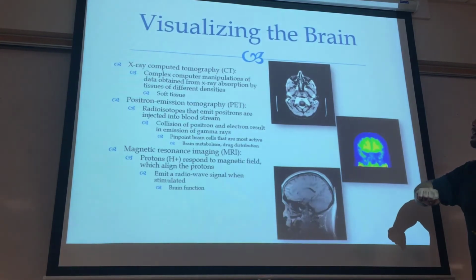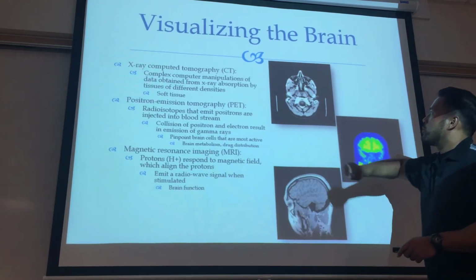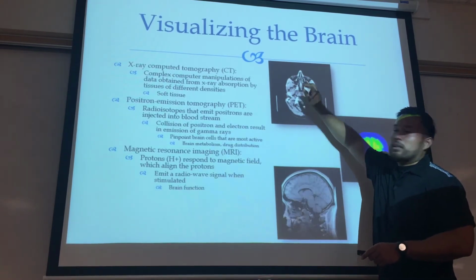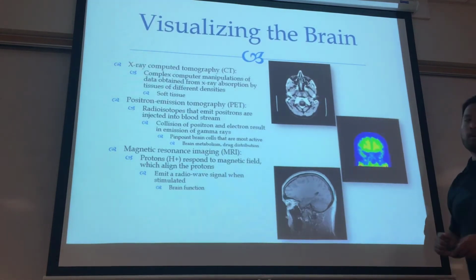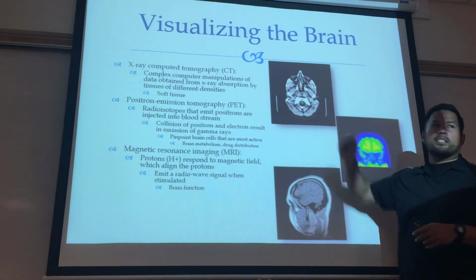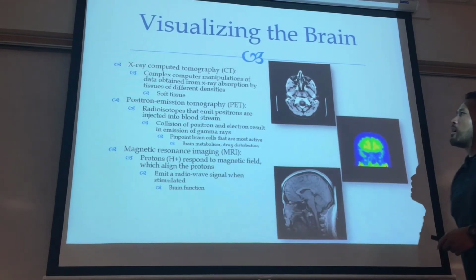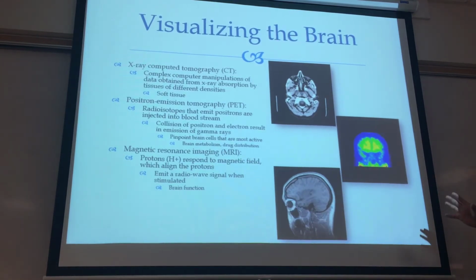Areas that are typically denser will absorb more of the X-rays, while areas that are fairly lighter, like areas of soft tissue, may not absorb as much. So when you get these X-rays going in, you can see the different densities of tissues, and you can tell if there's any particular masses or anything like that. That's usually the first thing they do. It's a fairly quick, easy scan.